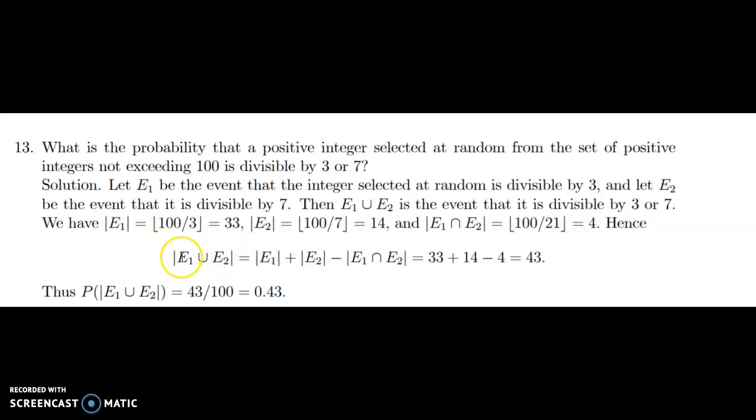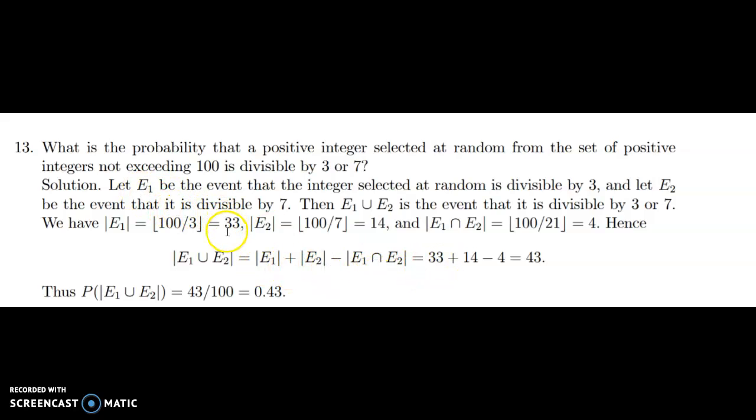And we can use the inclusion-exclusion formula. The number of elements in the union of E1 and E2 is the number of elements in E1 plus the number of elements in E2 minus the number of elements in the intersection. And we know all these cardinalities.